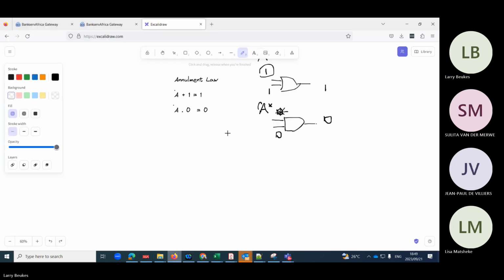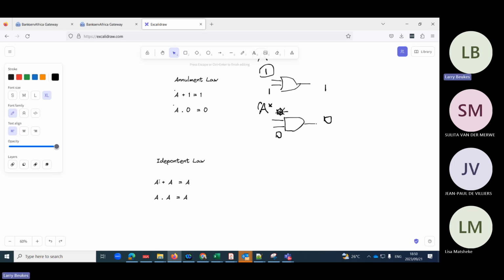So the idempotent law, which is the last law, says to us A or A is equal to A. Then it tells us as well A and A is equal to A.